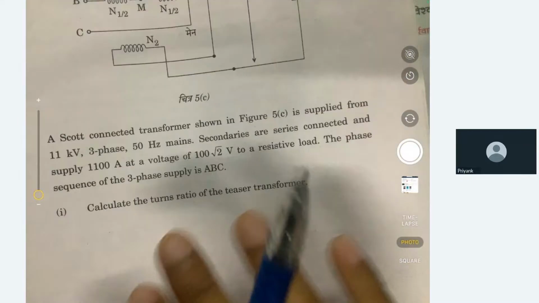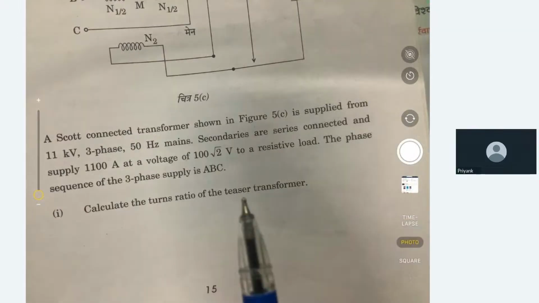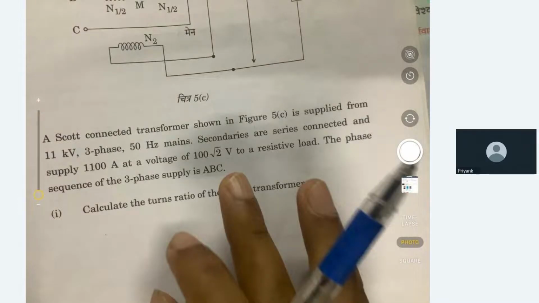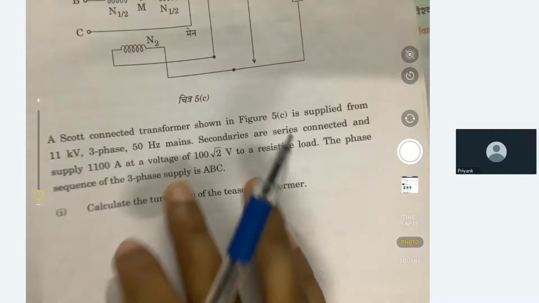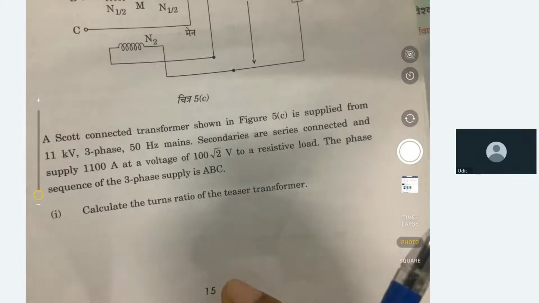This question, I have never heard of this kind of transformer, the Scott connected transformer. When I saw it was Scott connected, I didn't bother to even read this question, and I have not read it even now, so I'm leaving it. If anybody has the solution of this question, kindly discuss it. I think it is used to convert 3-phase into balanced 2-phase supply.